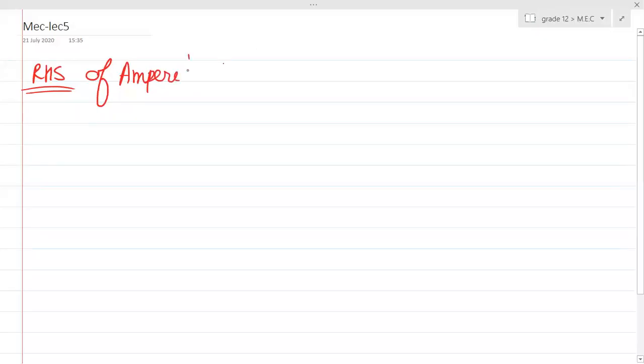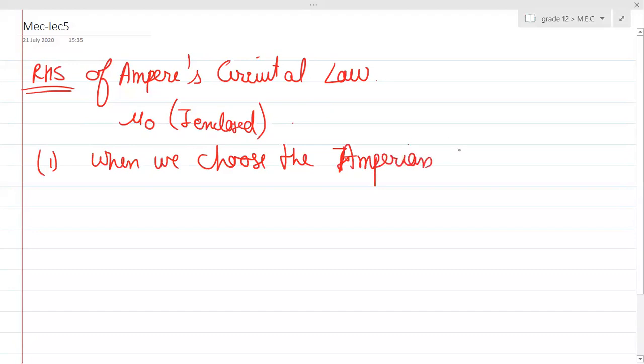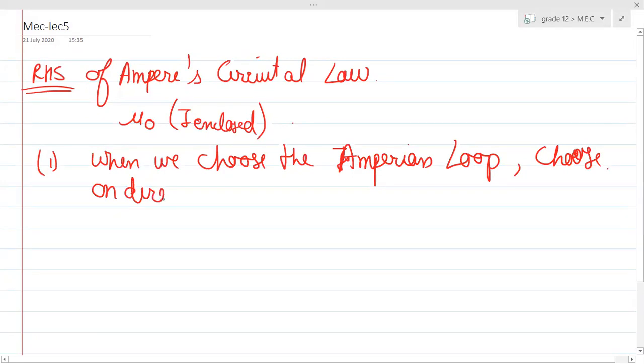So the RHS of Ampere's circuital law says it is equal to mu naught times I enclosed. So first, when we choose the Amperian loop, choose one direction as well for the loop.